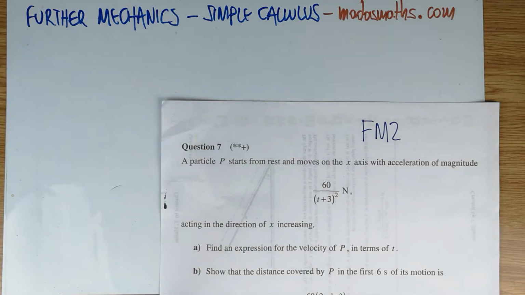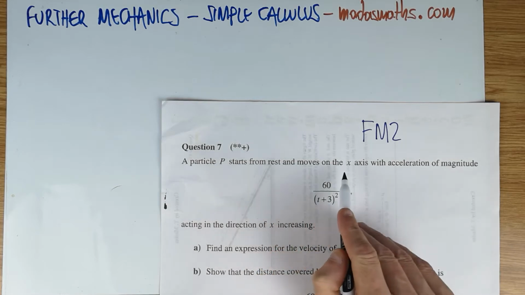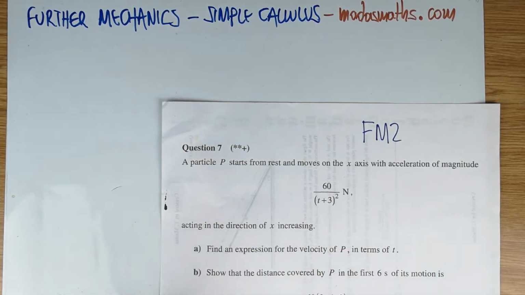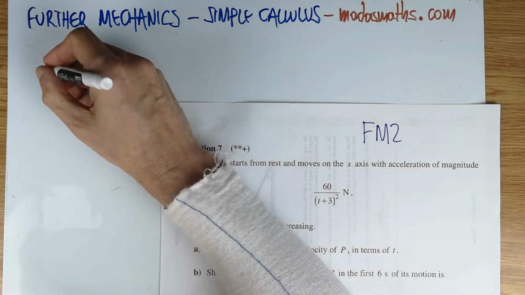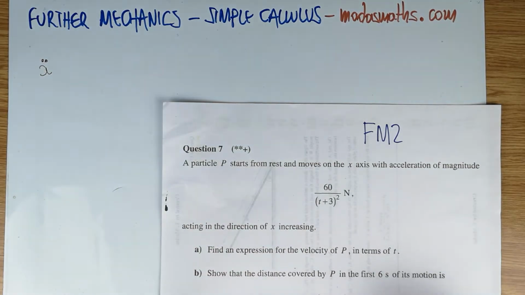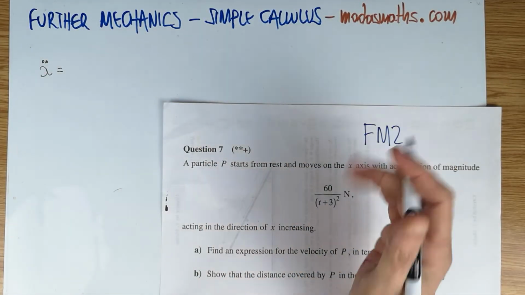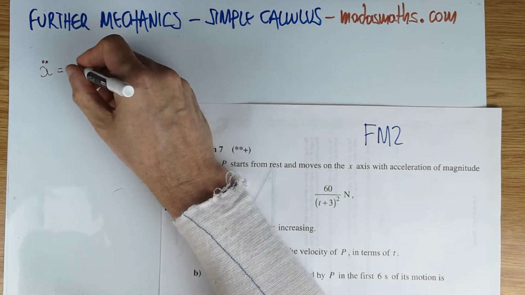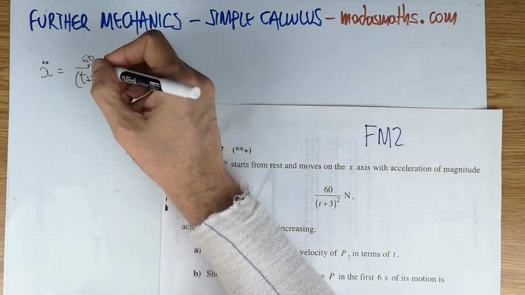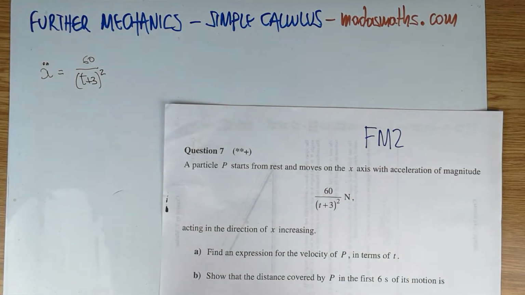So he's talking about a particle which starts from rest and moves on the x-axis with acceleration of this magnitude, which is acting in the direction of x increasing. So the information that we're being given is we have acceleration x double dot, and it's positive in the direction of x increasing with magnitude 60 over t plus 3 all squared.